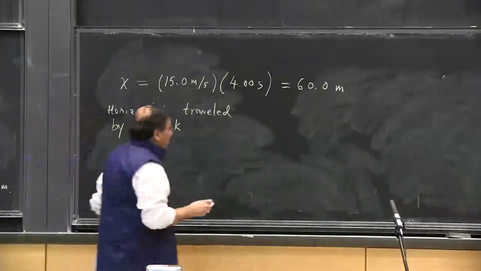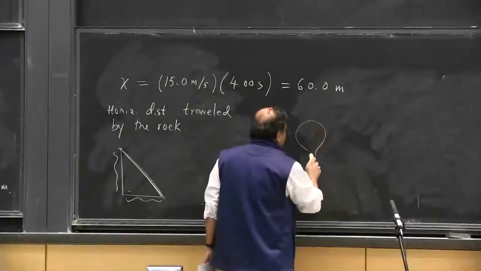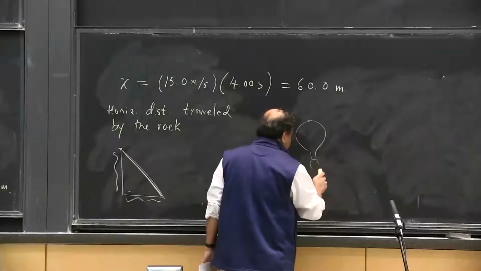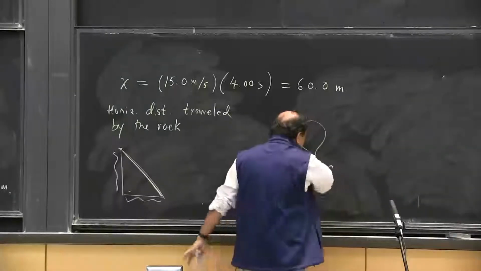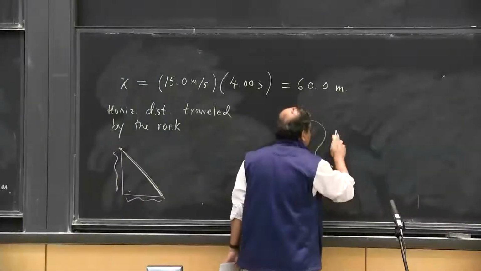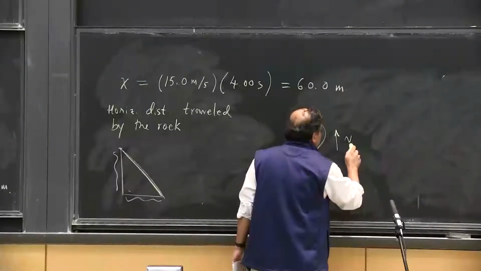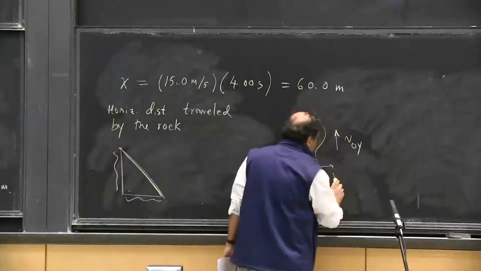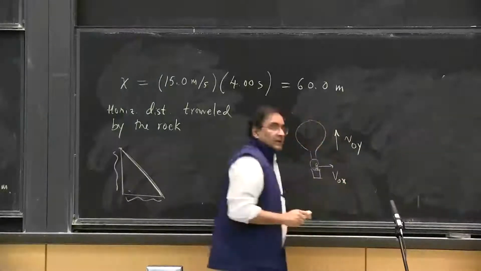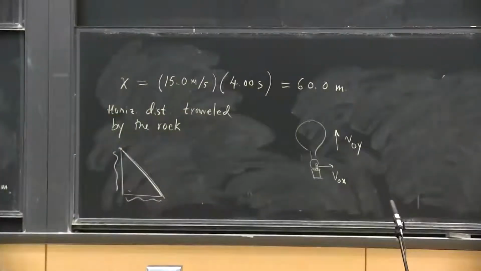The main point here to note is that if you are releasing something from a balloon, and the balloon is going down, as in this case, or going up, with some velocity v0y over there, and this velocity here is v0x, then the initial velocity of the rock would have two pieces.